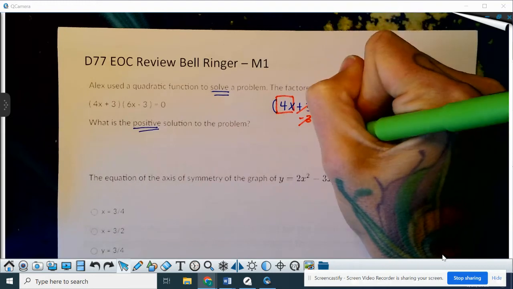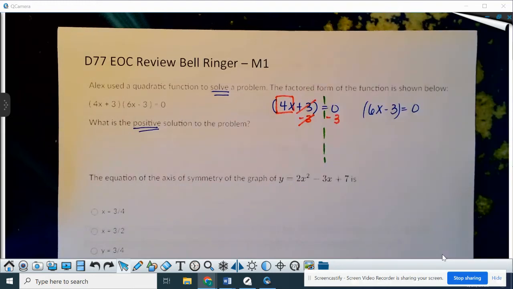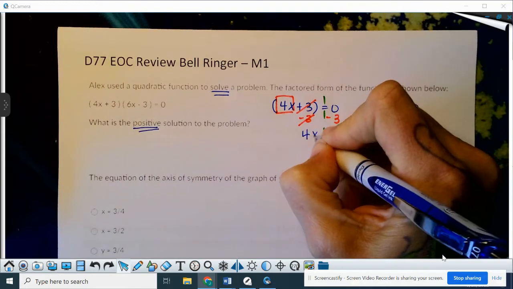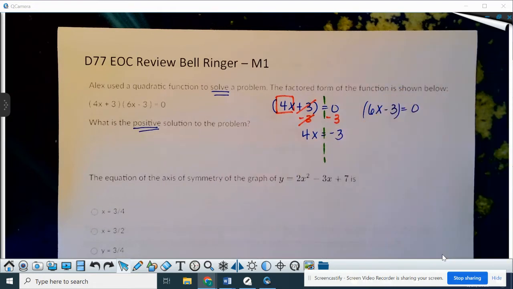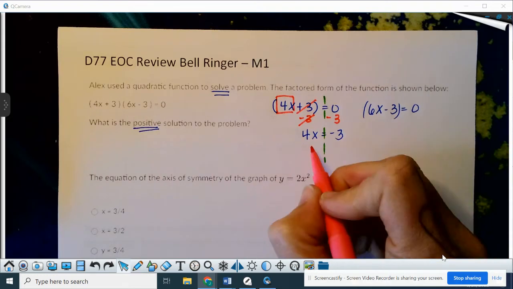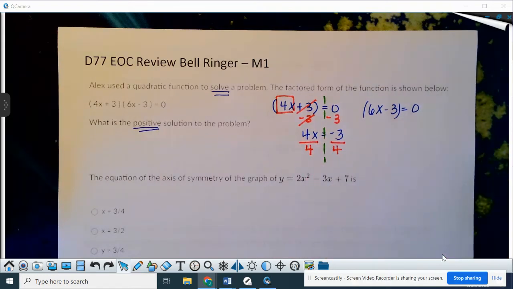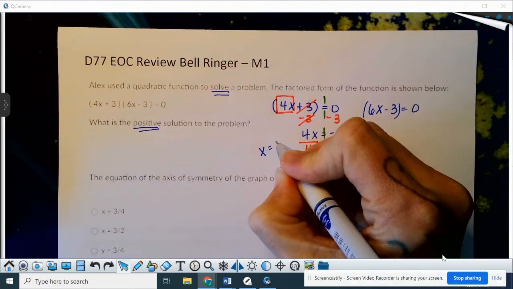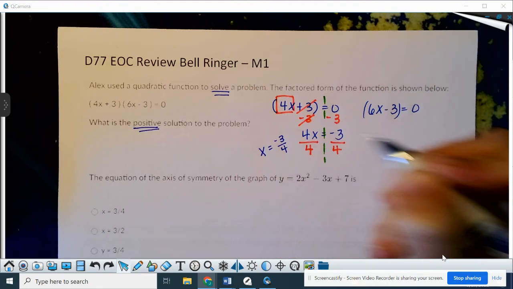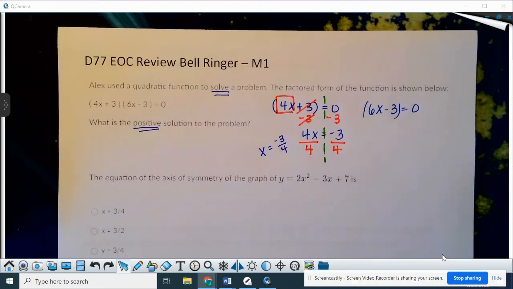And again, the great divide: when we cross that line, it has to be the opposite or inverse operation. 4x is 4 times x, so we're going to divide by 4, because that is the inverse of multiplication. And so x for the first one is negative 3/4. So already we know that's not our answer, because it's negative, and we are looking for positive.